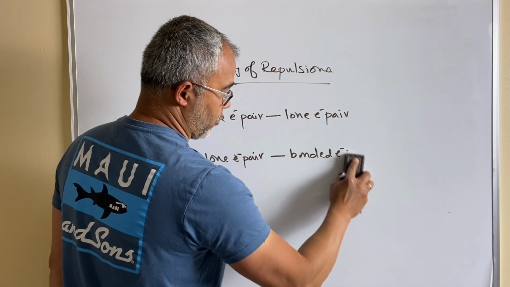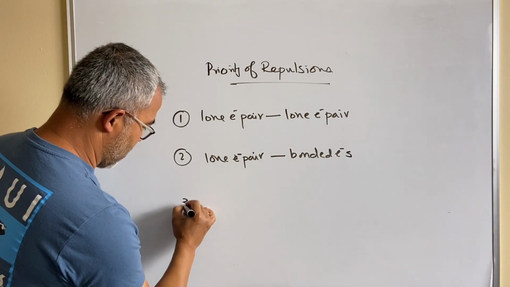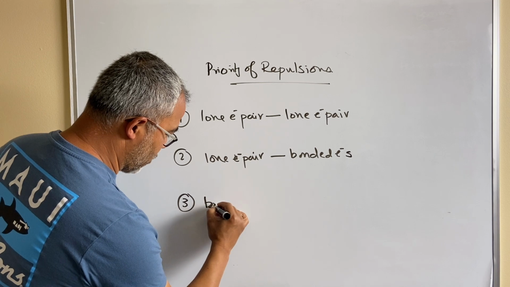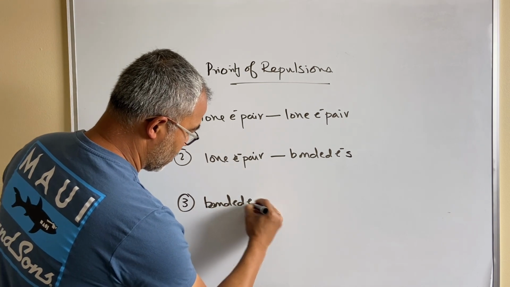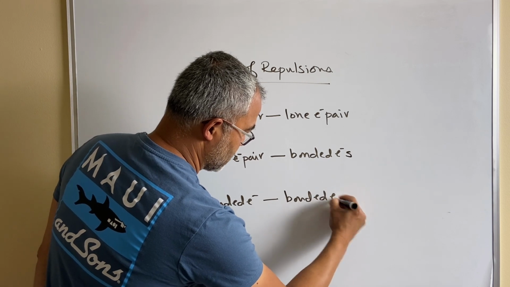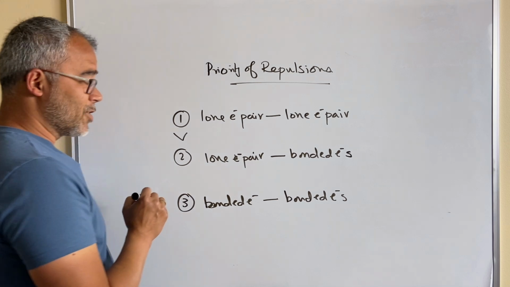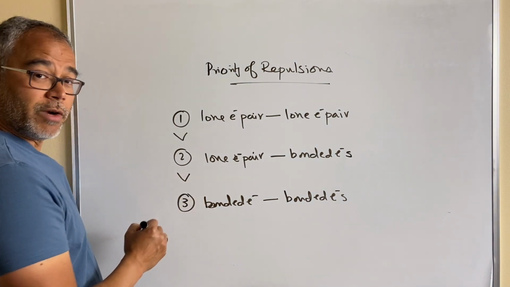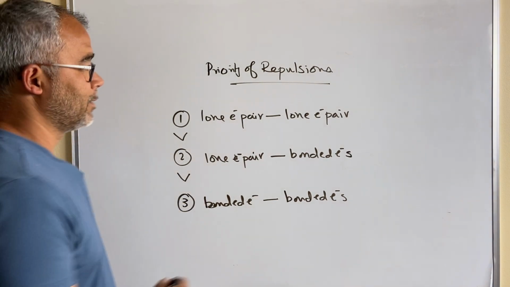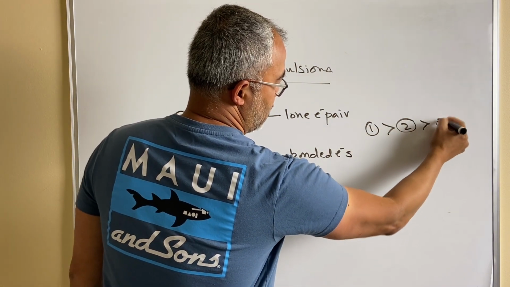And number 3 is bonded electrons will repel other bonded electrons. So if you think about priority, number 1 is greater than number 2, and 2 is greater than 3. You could also write this as 1 greater than 2 greater than 3.